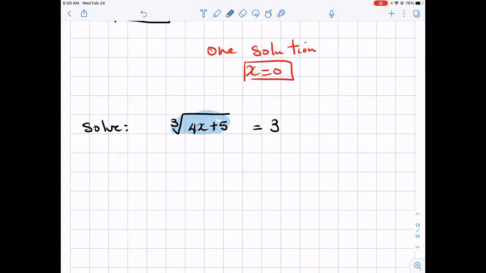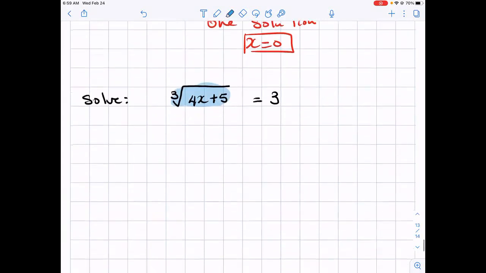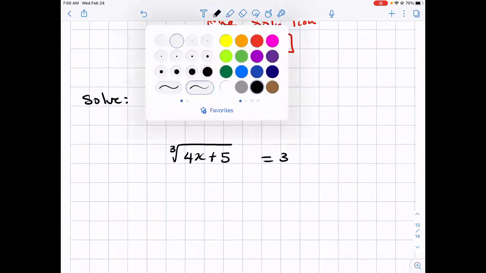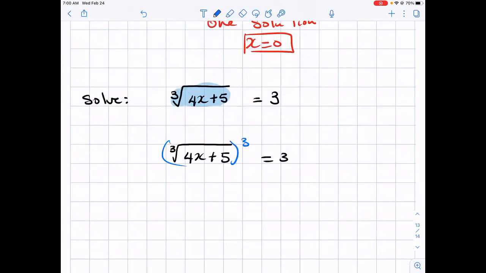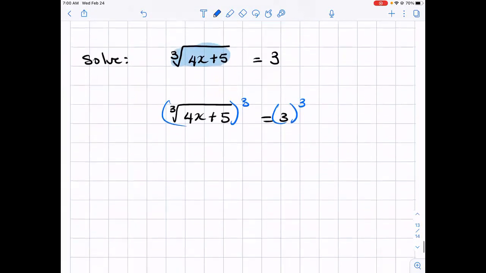If it was a square root, we would square both sides. But in this case, it is a cube root. So what do we do? We cube both sides. The cube root will cancel, and that gives me 4x plus 5 is equal to 3 cubed, which means 3 times 3 times 3, which is equal to 27.